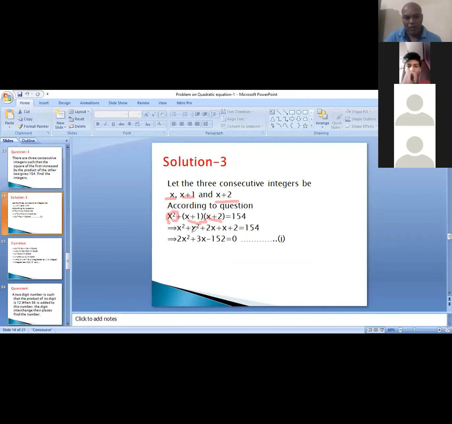Multiply this value. This is your x square, x into 2, 2x, 1 into x, x, 1 into 2, 2, 154. Arranging this, we are getting the equation 2x square plus 3x minus 152 is equal to 0.